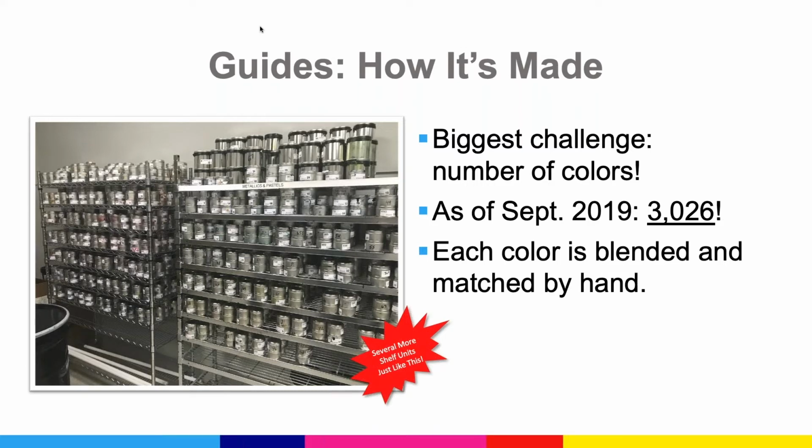And while this looks like a lot on these shelves, there are several more units just like them outside the frame. So you can imagine the daunting task it is to mix each of these colors, and every one of these cans is consumed throughout the production that we go through for each run of a fan deck.